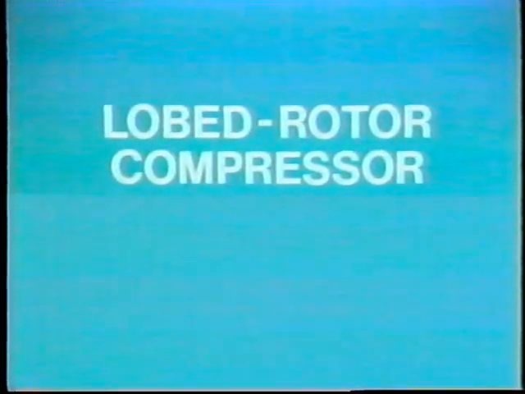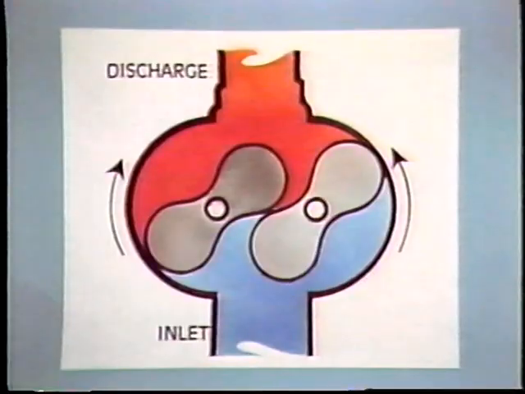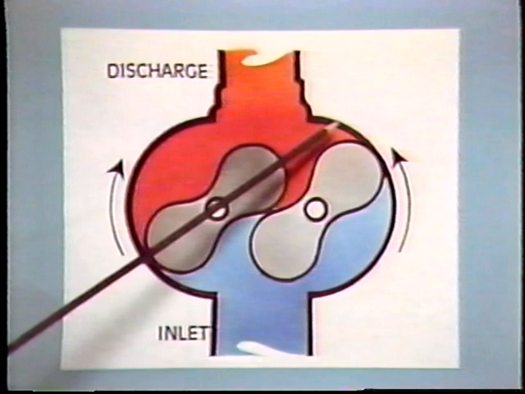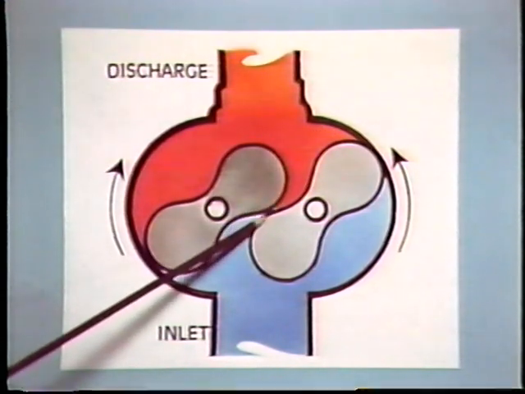The lobed rotor compressor is still another type of positive displacement compressor. It can develop pressures up to 250 psig and is available at ratings from 7 to 3,000 horsepower. This illustration shows how the unit gets its name. Inside the compressor housing are these two rotors, which mesh as they turn.